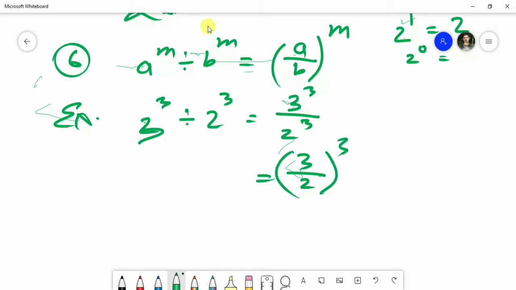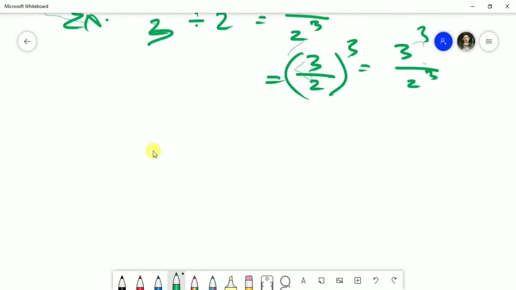Even if we open this bracket, the top will become 3 power 3, and again the downside is also going to be 2 cube. So this is the same as it is. Whenever you get such a condition, you can apply this law. Let's move to the next.